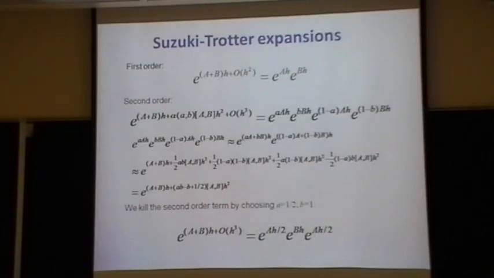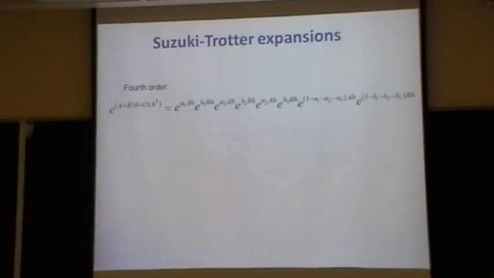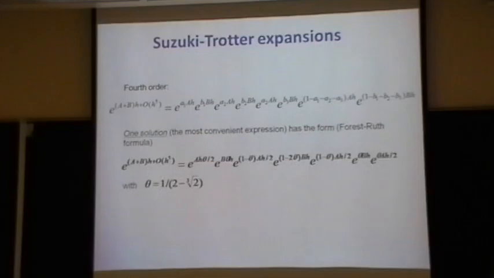And we can repeat this procedure for higher orders, and we can do the fourth order expansion. It will become very messy. We have a lot of exponentials. In this case, we start with eight exponentials, and then we want to play with all these coefficients. But it turns out that the problem is soluble.